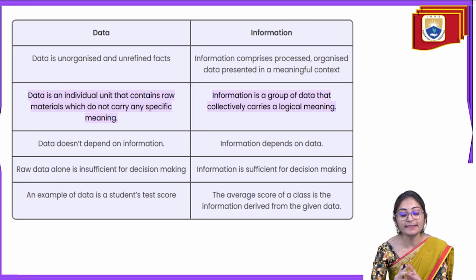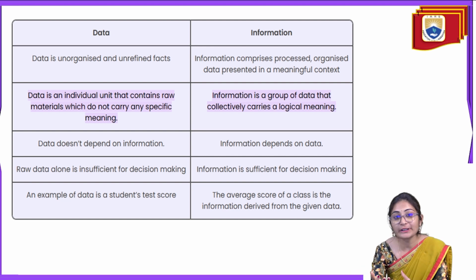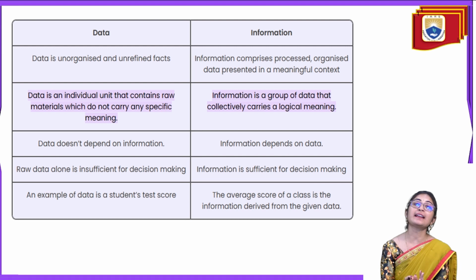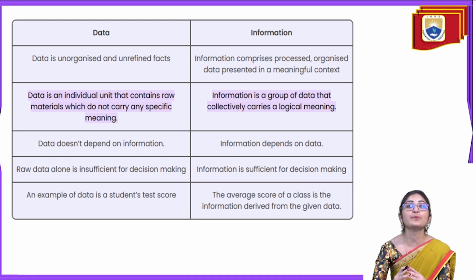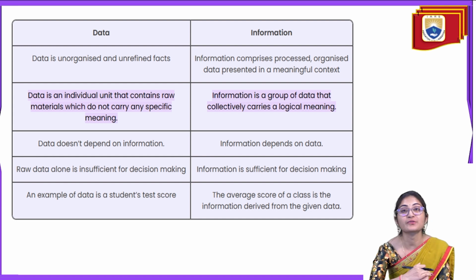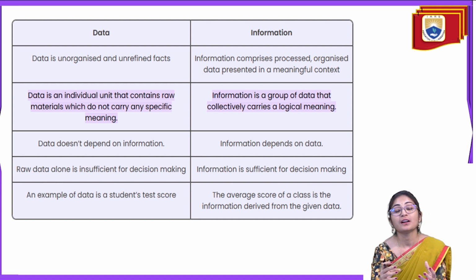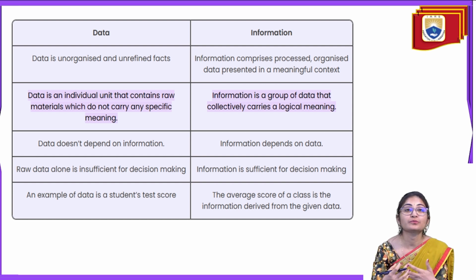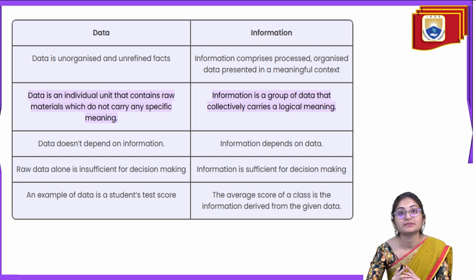Now we can see the difference between data and information. I already told you that data is in unorganized, unstructured, unprocessed format. That means we can access data from any source and collect it in one format.